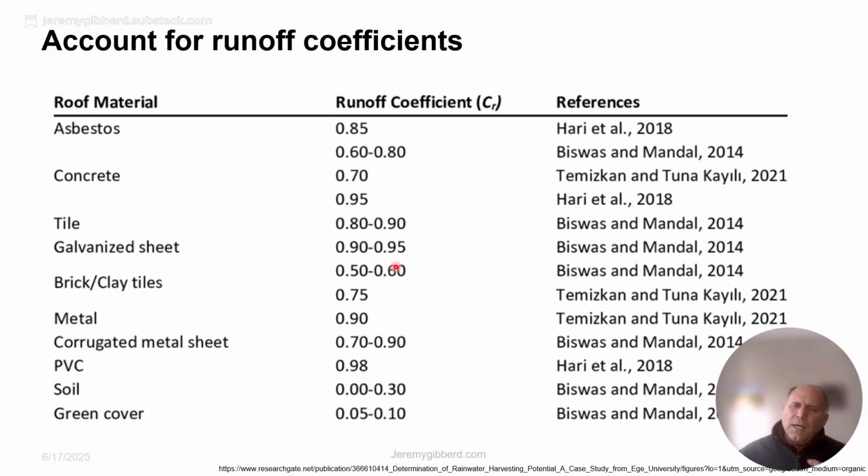And what that means is that you'd only lose about 10% from evaporation, from losses of that water flowing into your gutters and being collected. Other types of surfaces, so concrete, certainly things like soil, ground cover, you have much lower runoff. So you aim for materials with high runoff coefficients so that you get most of the runoff flowing into your rainwater tanks.